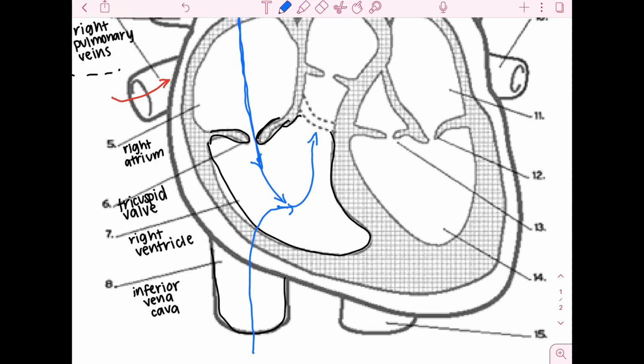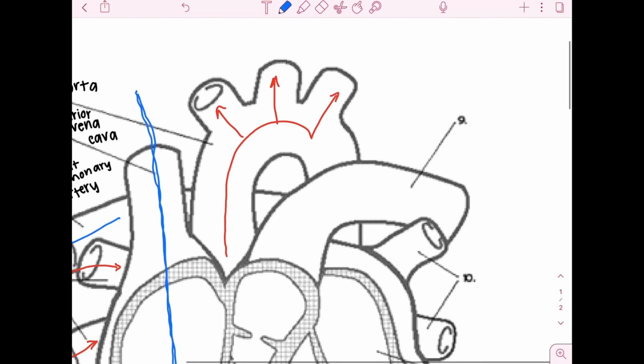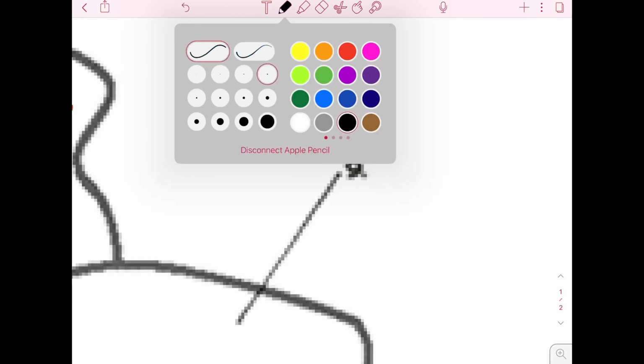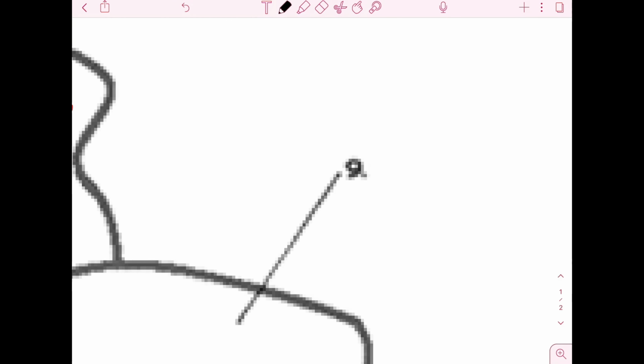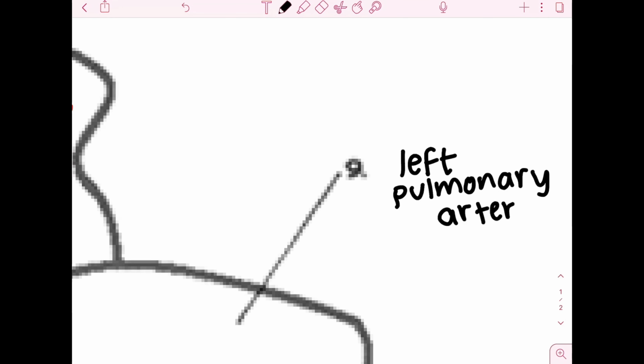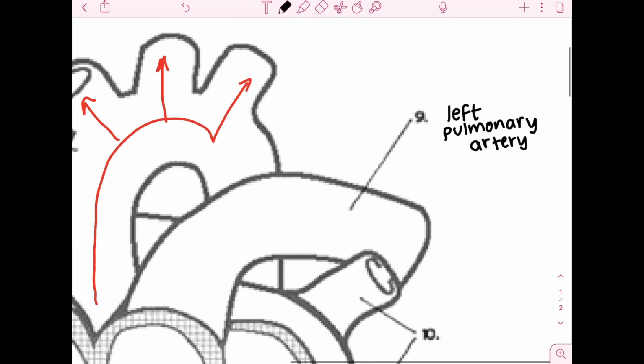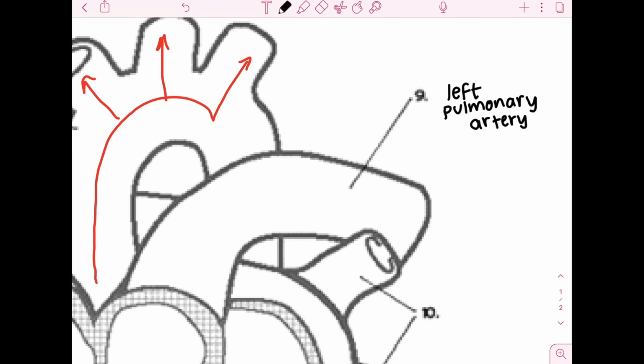Okay, we are officially halfway through all the parts. Let's keep going. Next up, number 9. We have the left pulmonary artery. This is the final artery that is involved in bringing deoxygenated blood to the lungs.